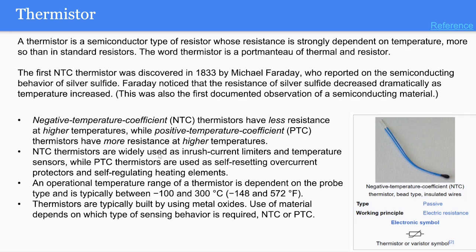NTC thermistors are widely used as inrush current limiters, and if you're not sure about inrush current, whenever you turn on any electronic device, the current utilized by that particular device is the inrush current. Any motor, electronic, battery operated, whatever equipment, when you turn it on, it uses what we call the inrush current.